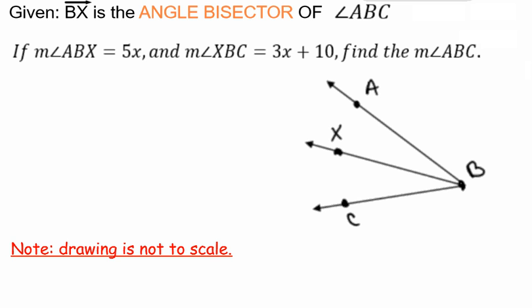So here comes the algebra. BX is the angle bisector of ABC. So already I know this and I already know this are equal angles.